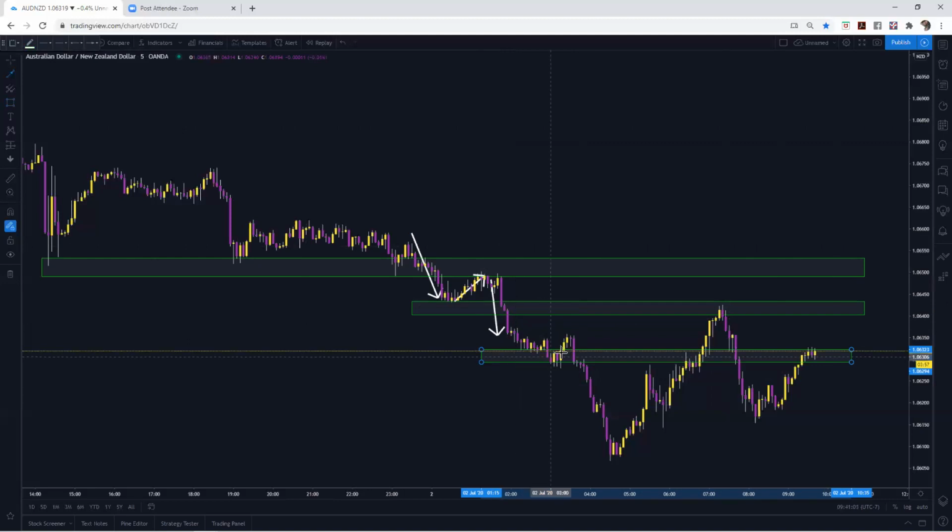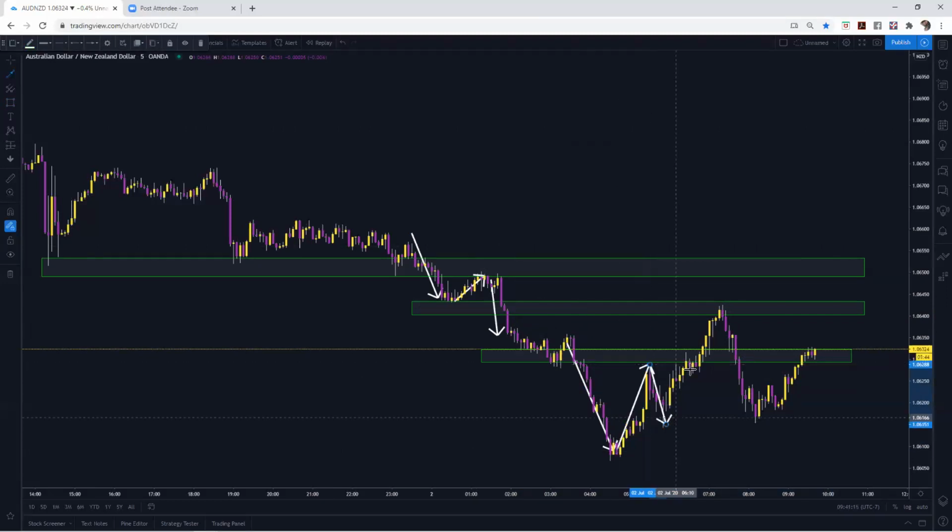This is our support. This is no longer support once price breaks through it. Now it became resistance. Now this became our support. Price broke through it. Right here, it retested this area and then it came back down. Okay.